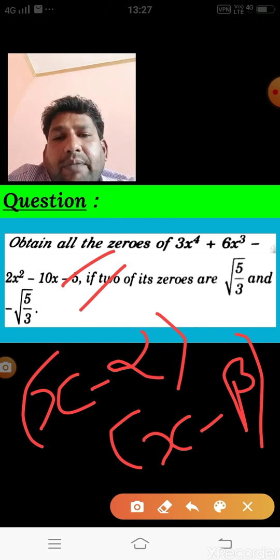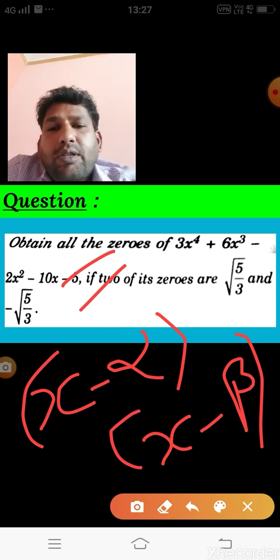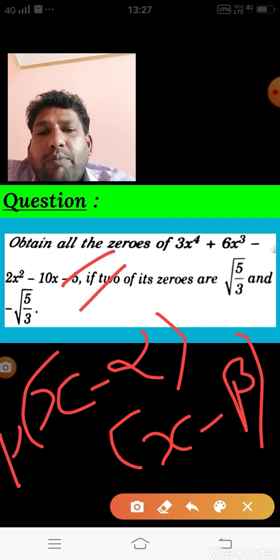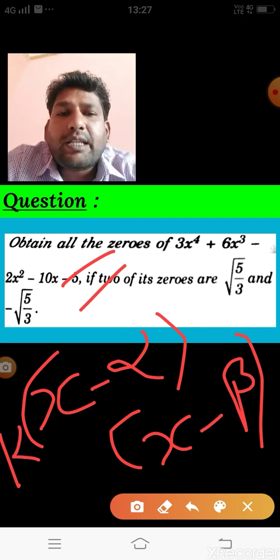If you are recalling the concept, go through the second presentation of this chapter. We form a quadratic polynomial having zeros alpha and beta as k into x minus alpha into x minus beta.